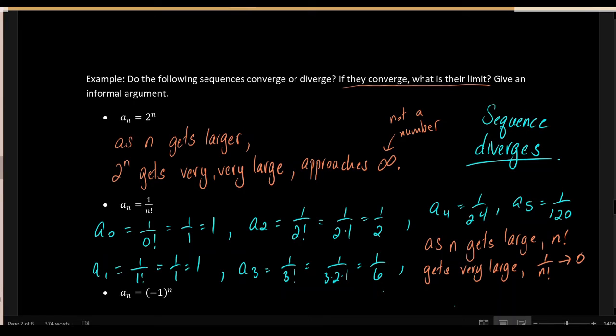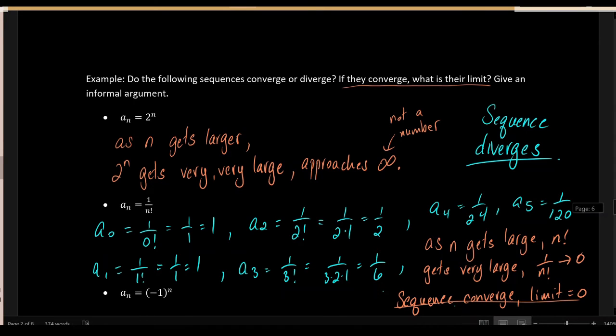As a result, the terms in this sequence are approaching some fixed number. In this case, the fixed number is 0. So the sequence converges and the limit is 0.